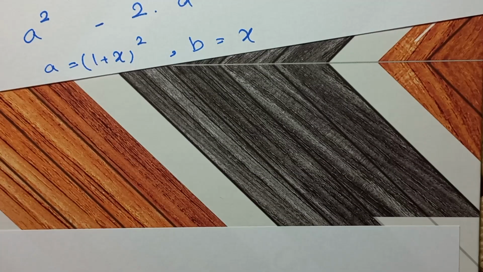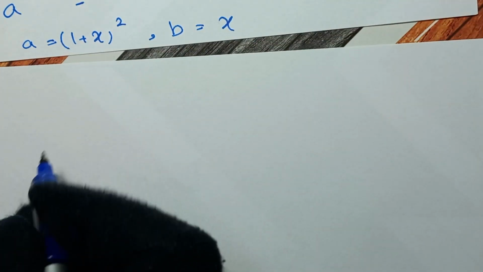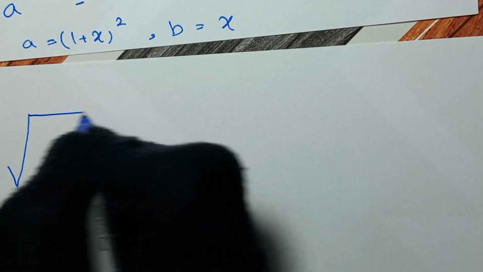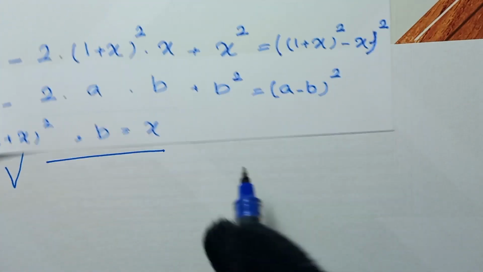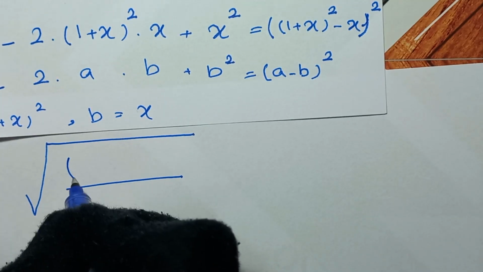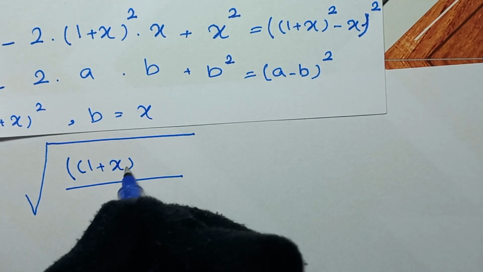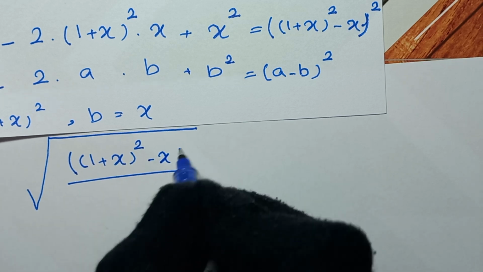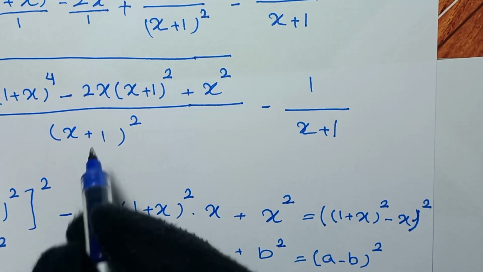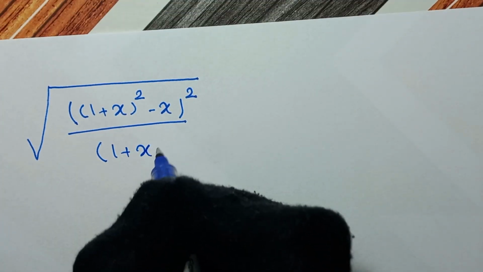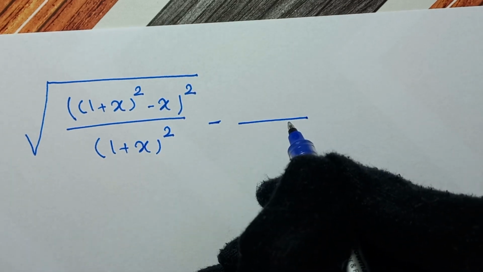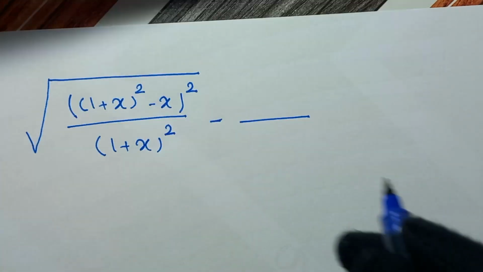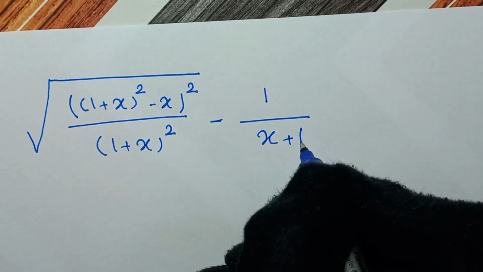So we have the square root of, for this numerator, (1 plus x) to the power of 2 minus x, to the power of 2, over (x plus 1) to the power of 2, minus 1 over x plus 1.